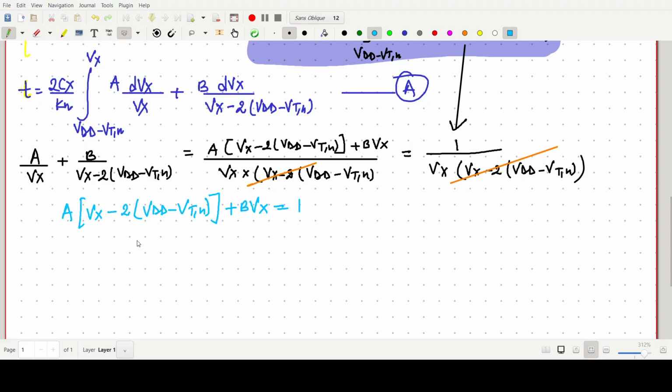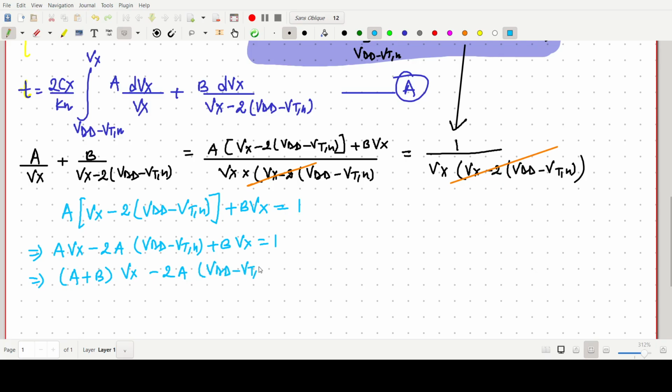Now we have to find the value of A and B. So for A and B we can write A Vx minus twice A (VDD minus Vtn) plus B Vx, then (A plus B) Vx minus twice A (VDD minus Vtn) equals to 1.